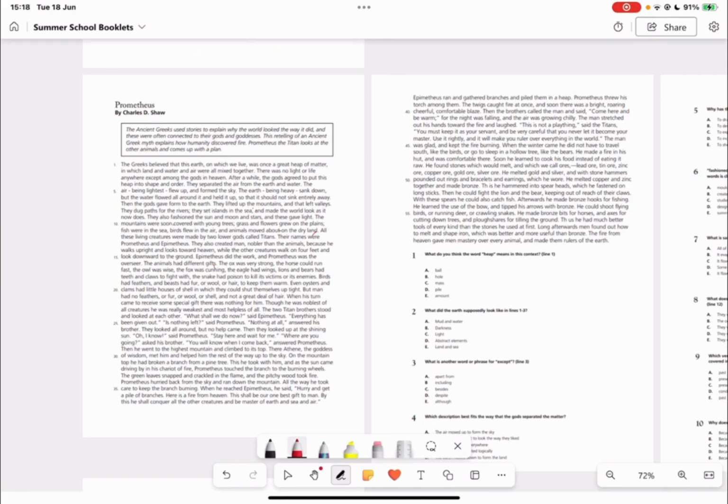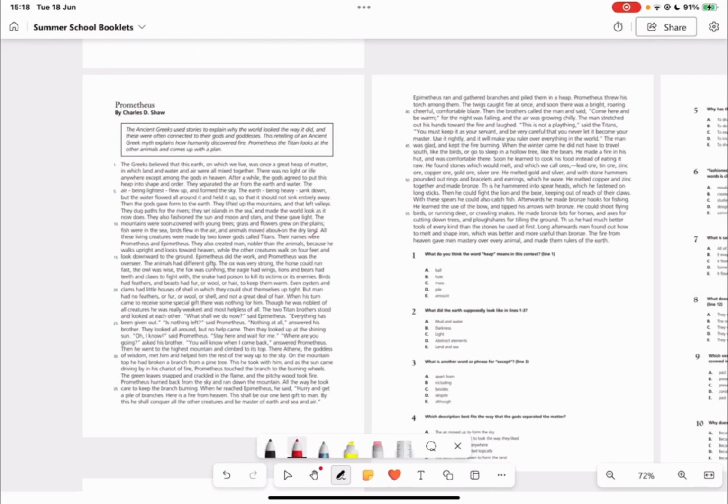This he took with him, and as the sun came driving by in his chariot of fire, Prometheus touched the branch to the burning wheels. The green leaves snapped and crackled in the flame, and the pitchy wood took fire. Prometheus hurried back from the sky and ran down the mountain. All the way he took care to keep the branch burning.